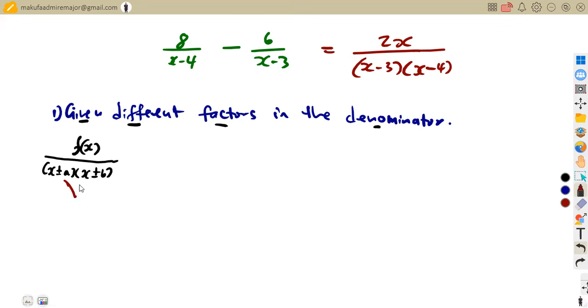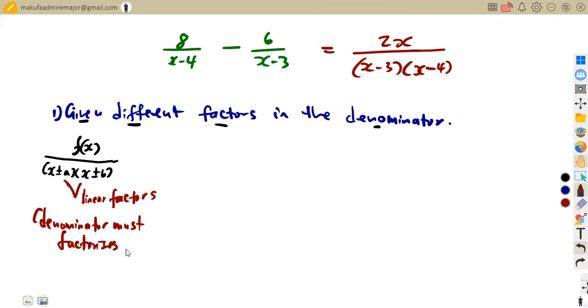So these are referred to as linear factors. In order for you to obtain the linear factors, it means the denominator must factorize.